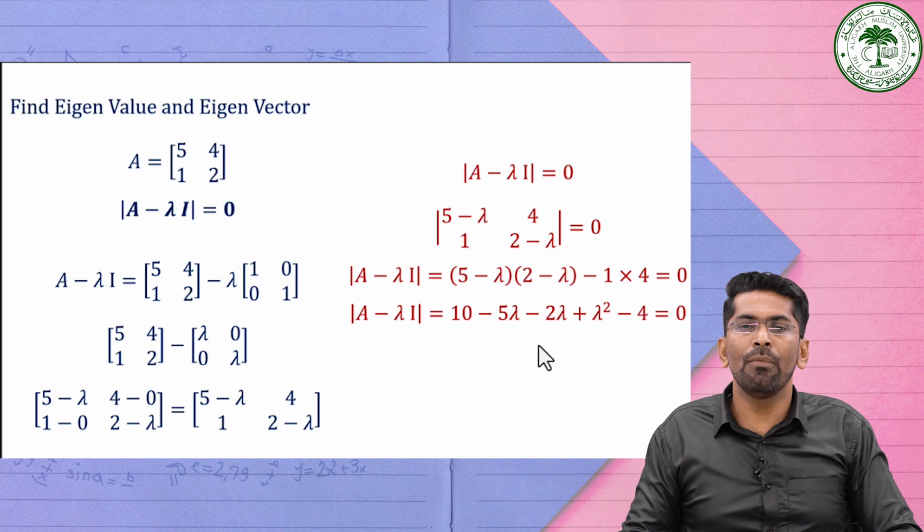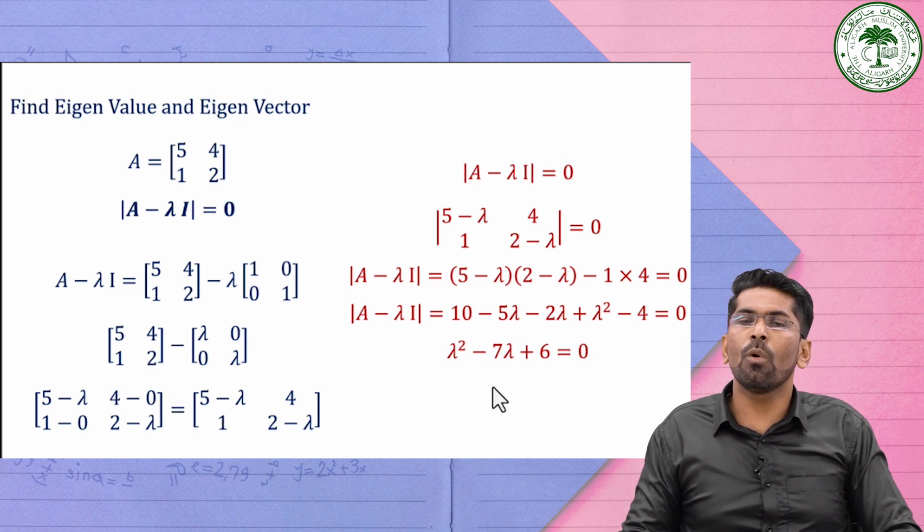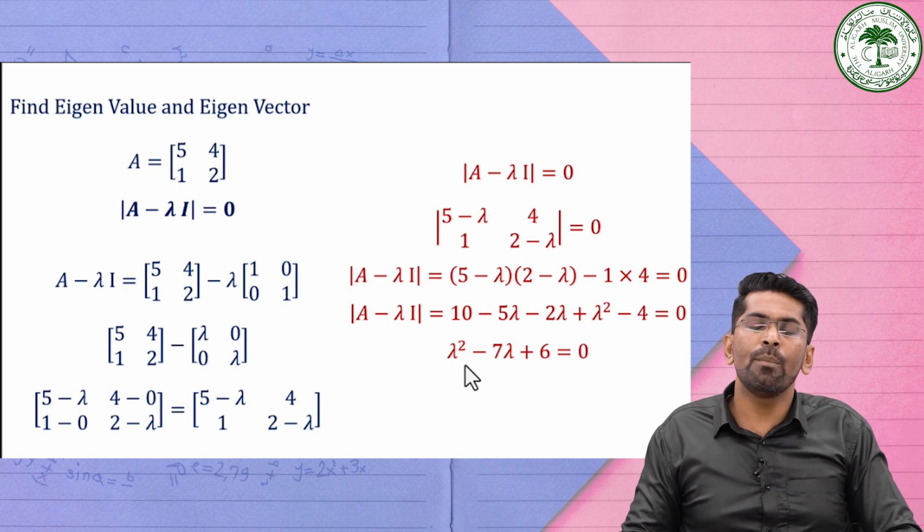Simplifying, it becomes lambda square, minus 5 lambda minus 2 lambda which is minus 7 lambda, then 10 minus 4 which is 6. So we have a quadratic equation: lambda square minus 7 lambda plus 6.